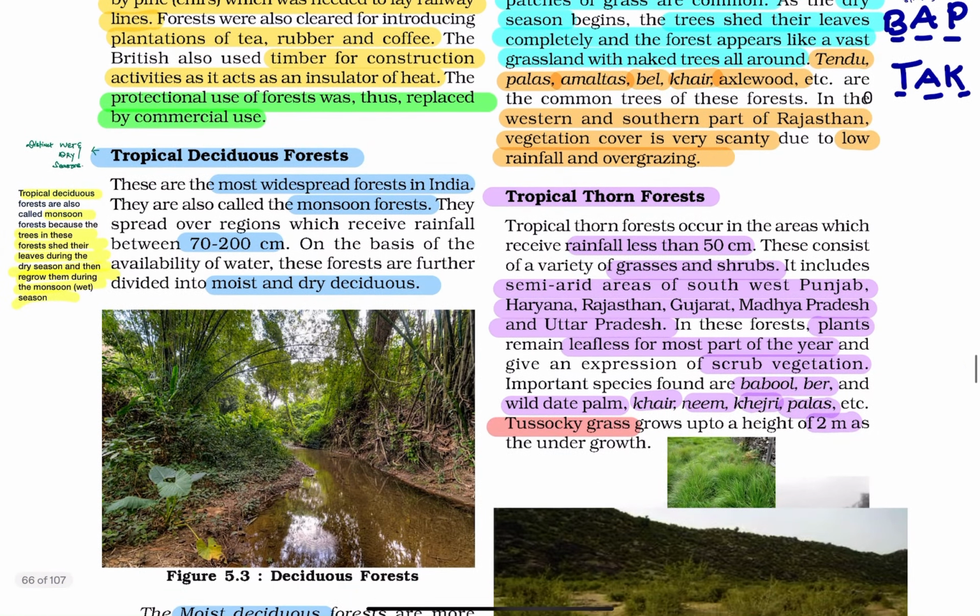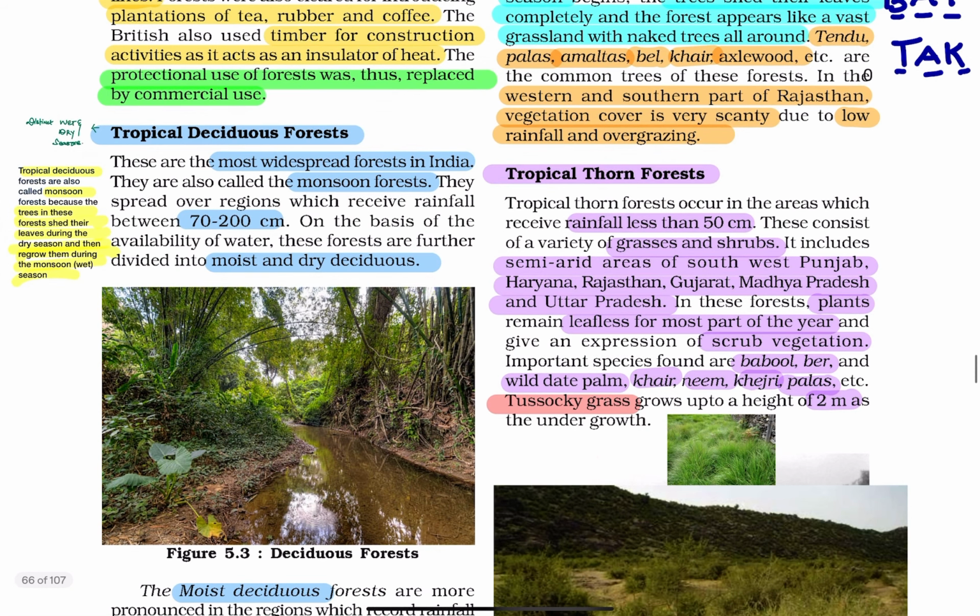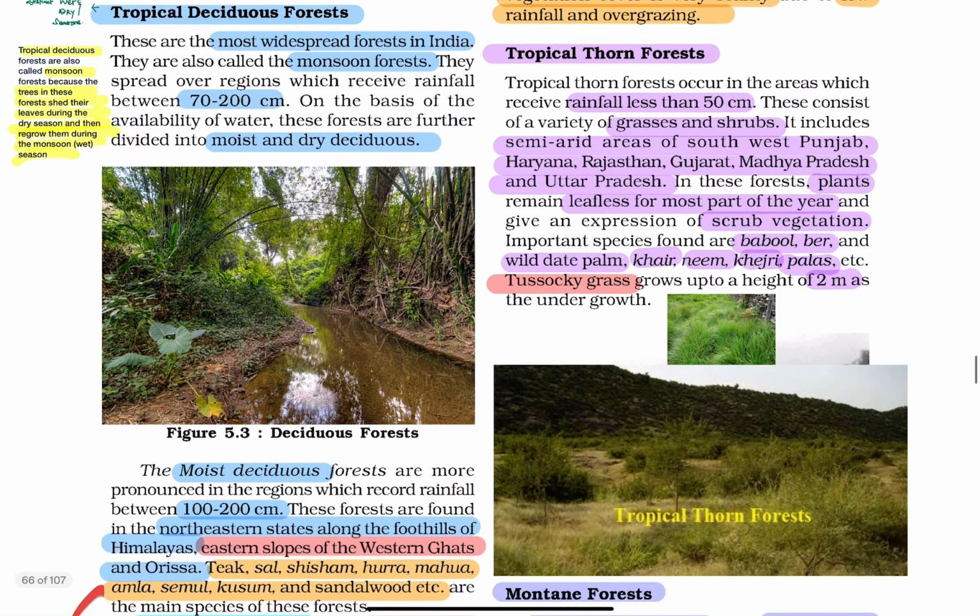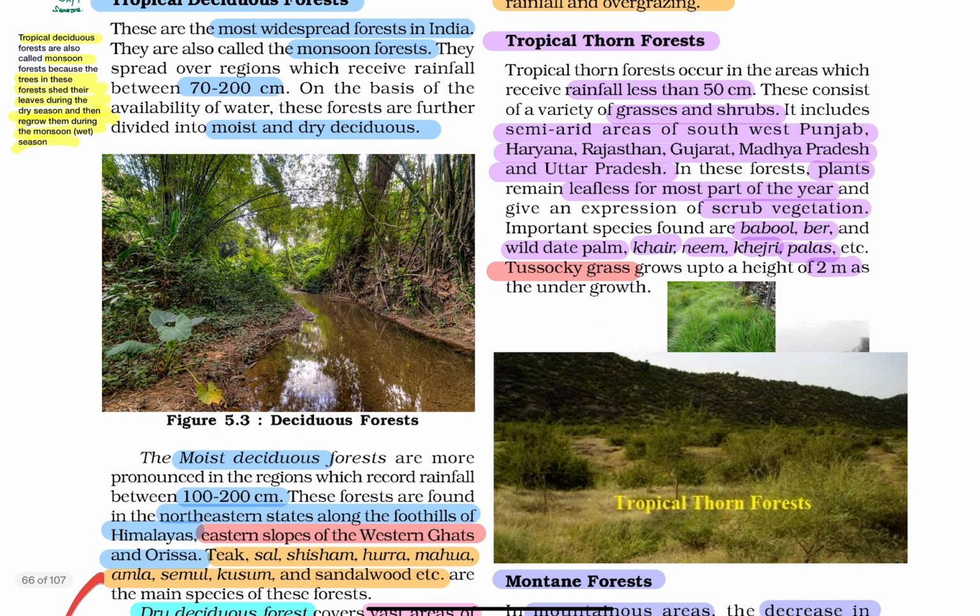So southwest Punjab, Haryana, Rajasthan, Gujarat, Madhya Pradesh and Uttar Pradesh. Now in these forests, the plants will remain leafless for most part of the year, and they look like scrub vegetation.